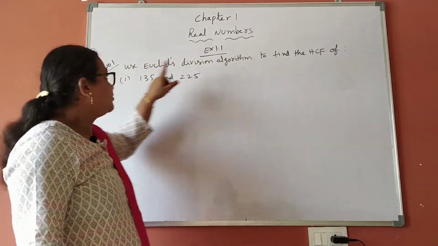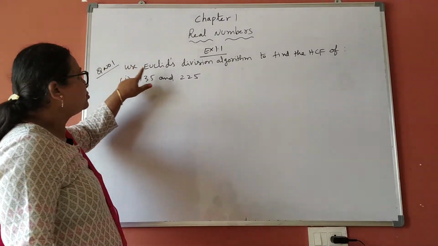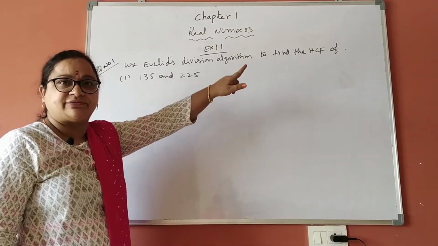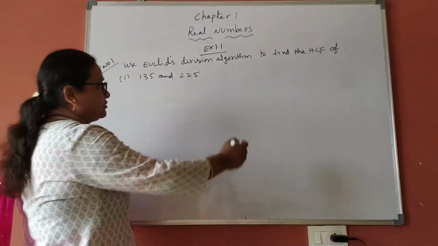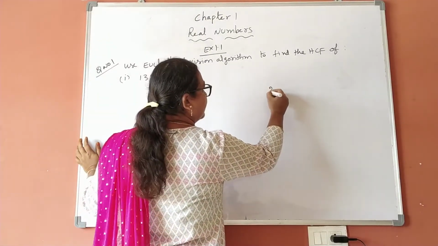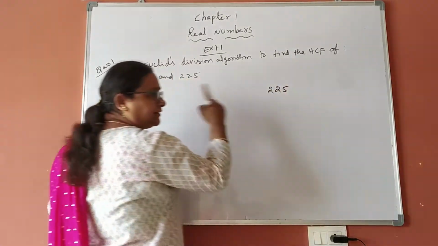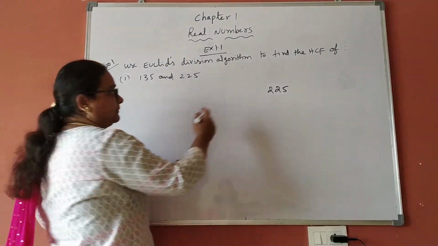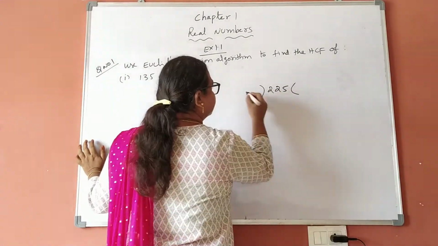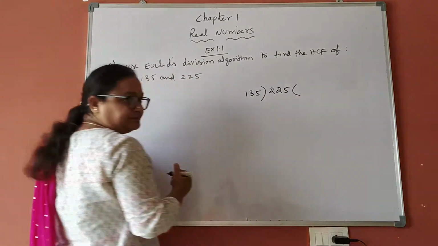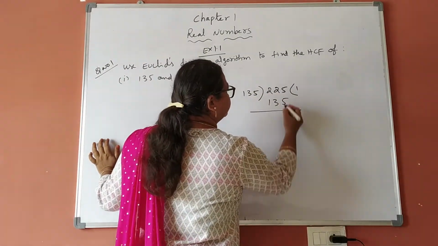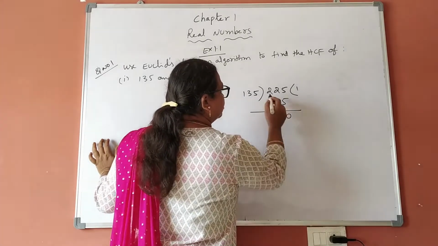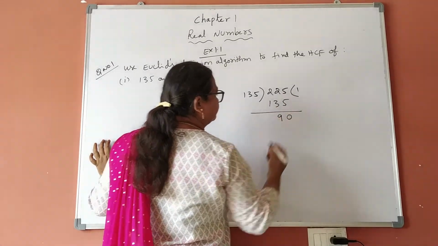Exercise 1.1, question number 1, part 1. Use Euclid's division algorithm to find the HCF of 135 and 225. So here we will do long division, and based on that, we will write the algorithm. 225 is divided by 135. 1 time 135, remainder 90.